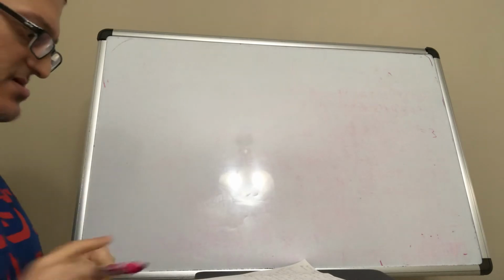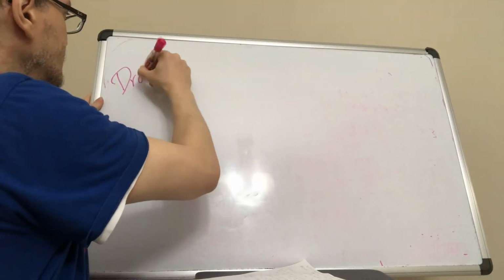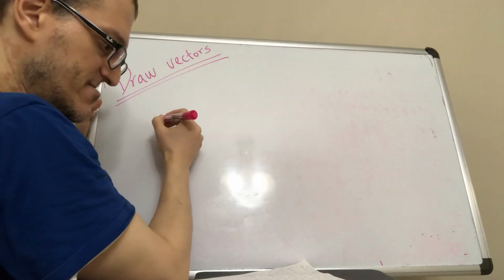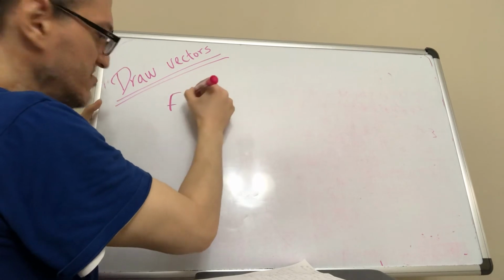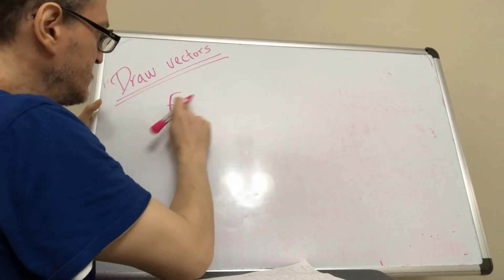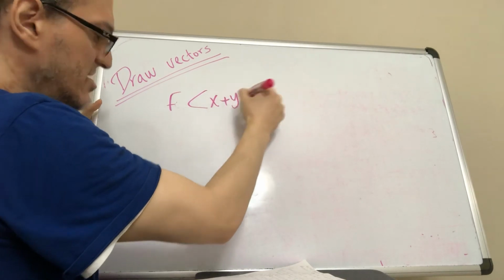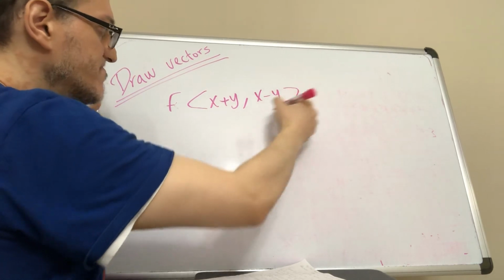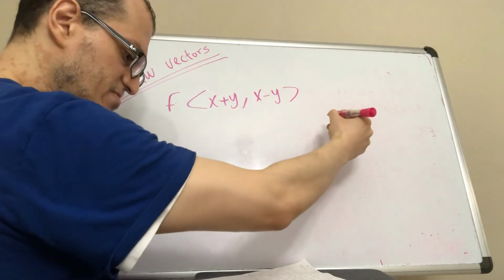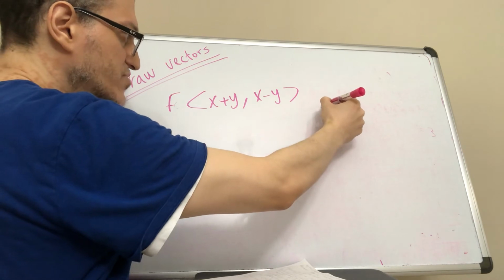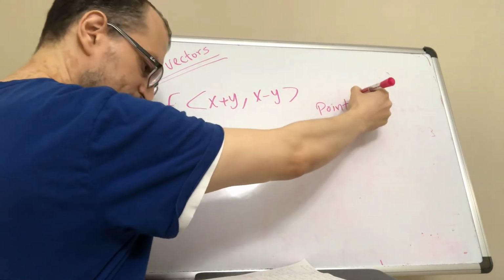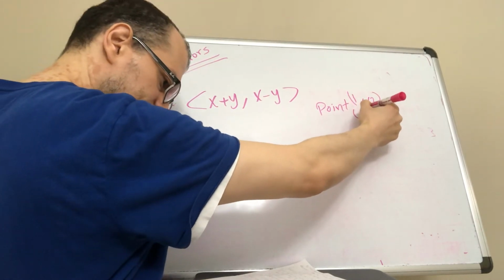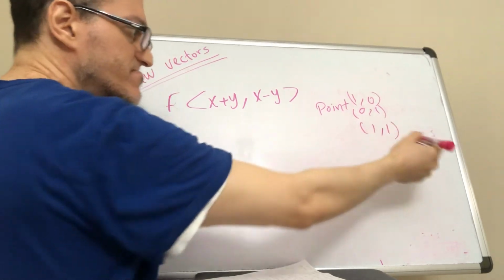When you have to draw vectors, so for example, x plus y and x minus y, and they tell you, for example, to draw it at the points 1, 0, 0, 1, and 1, 1.